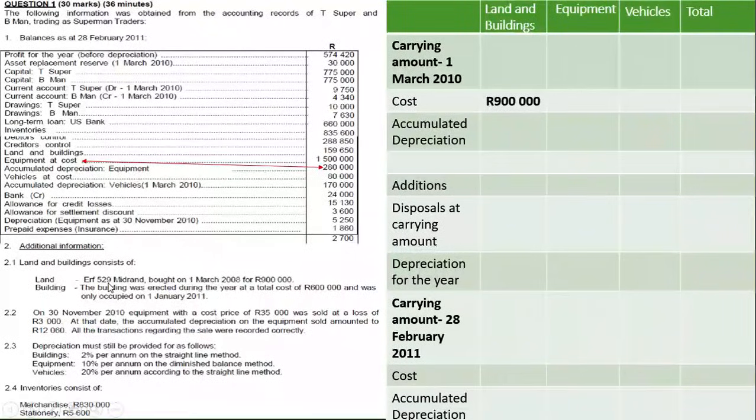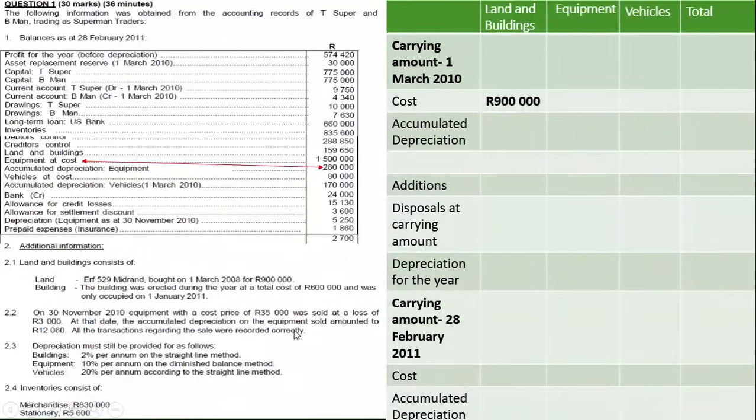So what do we do with that? Remember, we are given equipment at cost at the end of the period. So this is at the end of the period, but we want how much the equipment was worth at the beginning of the period. So now we know that there was some equipment which was sold during the period. So now we have to add that equipment which was sold during the period to see how much all the equipment was worth at the beginning of the period.